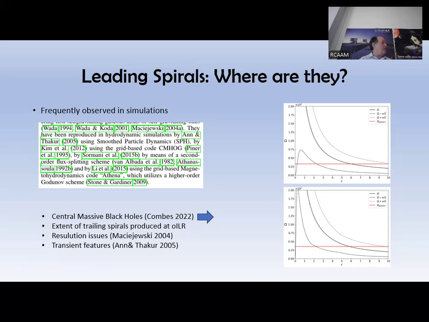Whenever a bar is present, the omega minus kappa over two curve, the one that points to the inner Lindblad resonance, is as you see over there. The pattern speed is indicated by the red line, and so this is the straightforward, fast way to specify the extent of an HII region.